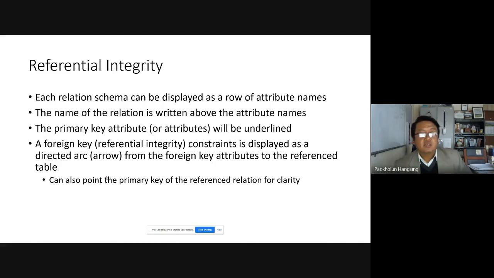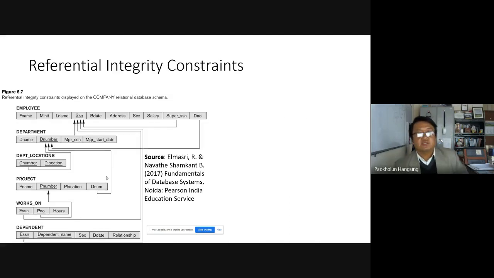A relation schema can be displayed as a row of attribute names, with the name of the relation written above the attribute names. The primary key attribute will be underlined. The foreign key constraint is displayed as a directed arc. We'll come to this. Now, this is one example.